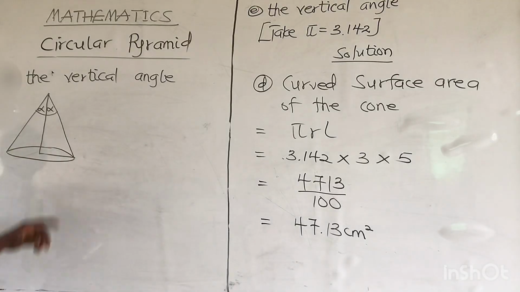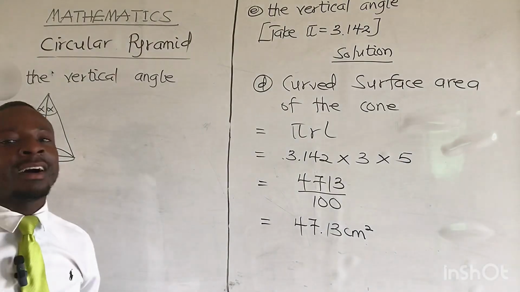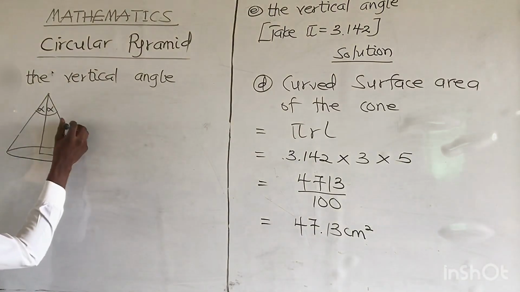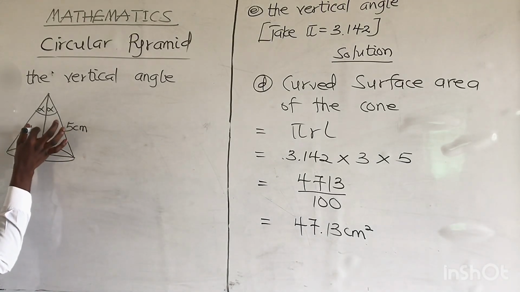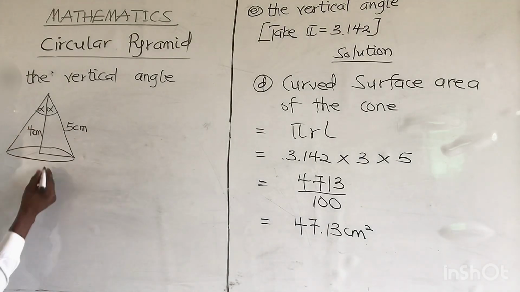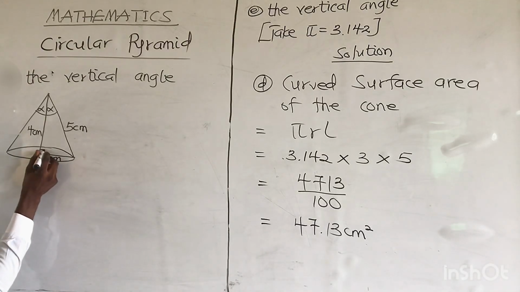So when I'm able to get one of the angles, then I will add the same thing or multiply it by 2 to get the vertical angle. Now we have here to be 5 centimeters, we have the height to be 4 centimeters, and we have the radius to be 3 centimeters.